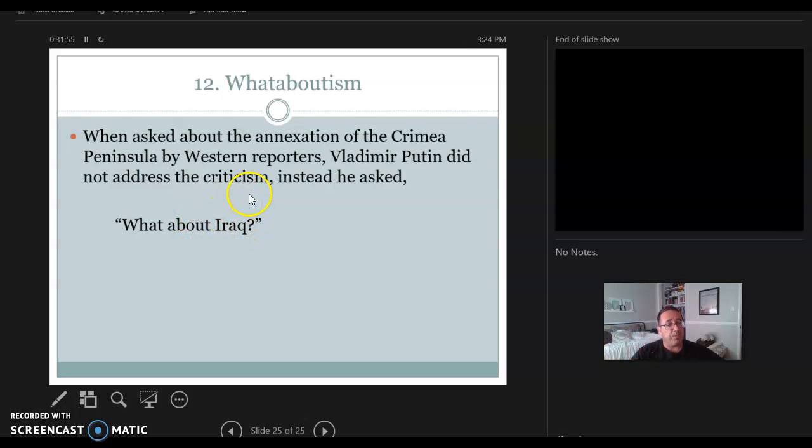So he was shifting the blame rather than deal with what he's doing in Crimea. He was saying, well, what about what you're doing here, right? This is one you'll see a lot in politics. Instead of addressing the issue or answering the question you've been asked, you say, well, what about what you did, right? So you'll see a lot of these fallacies in politics.